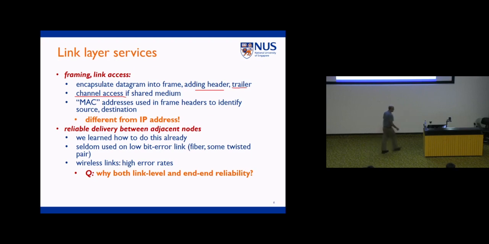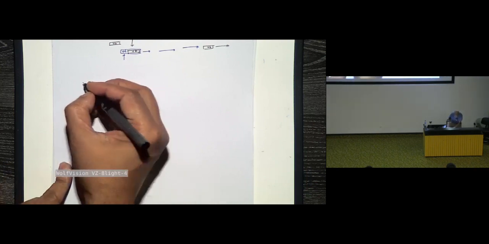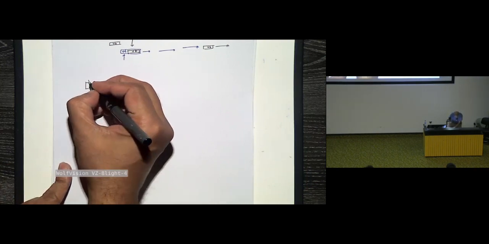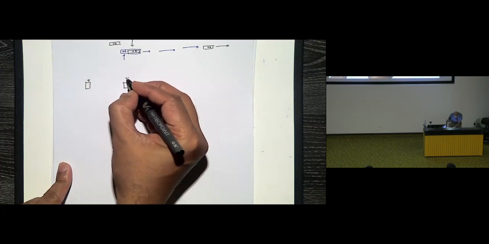Now imagine another scenario like this, right? Oops, I touched the wrong button. And this is more of a real life thing, right? So let's say this is my phone here, and I'm talking to a Wi-Fi access point.